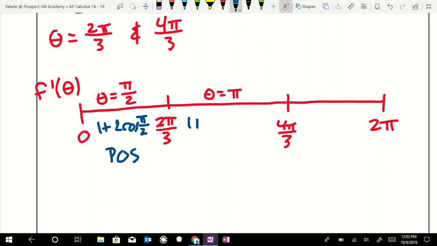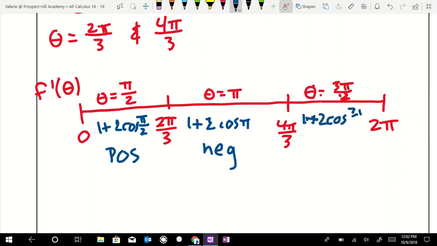So we'll have 1 plus 2 cosine pi, and that will give me a negative value. And between 4 pi over 3 and 2 pi, I'm going to plug in 3 pi over 2. So we'll have 1 plus 2 cosine 3 pi over 2, and that'll give me another positive result.